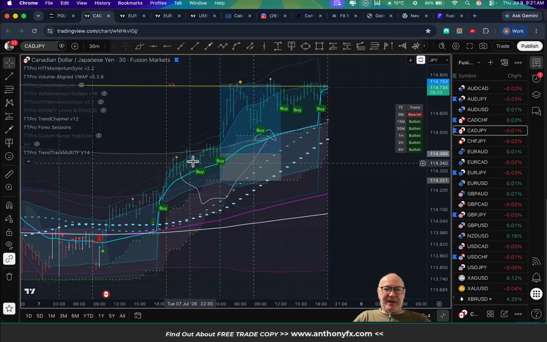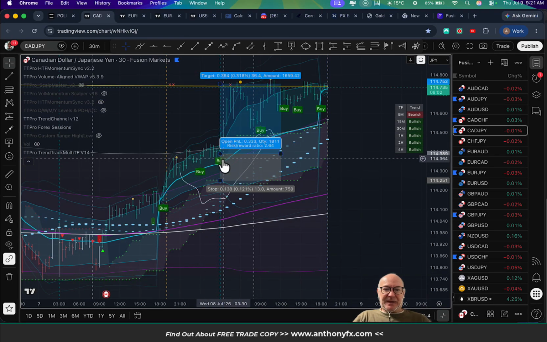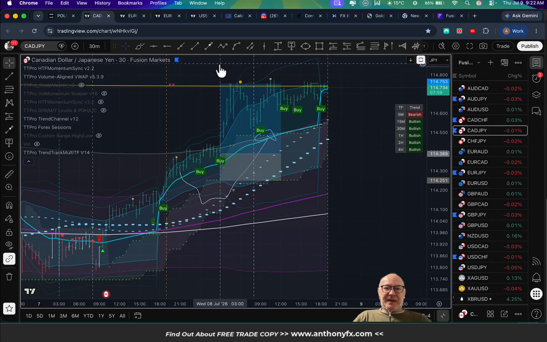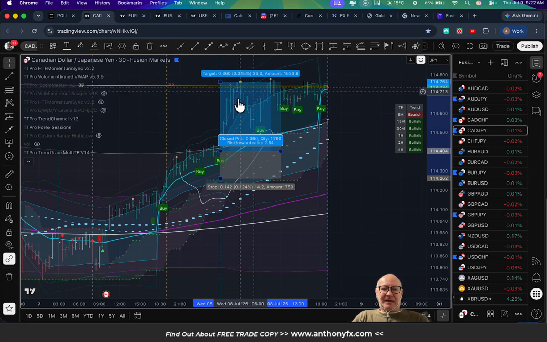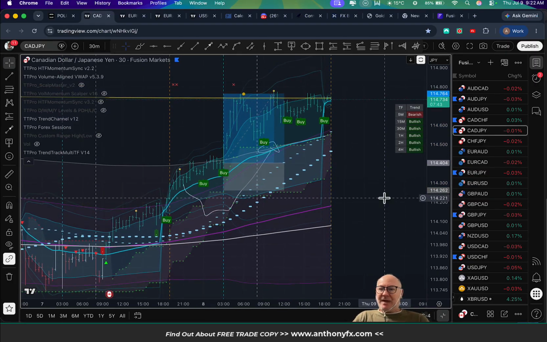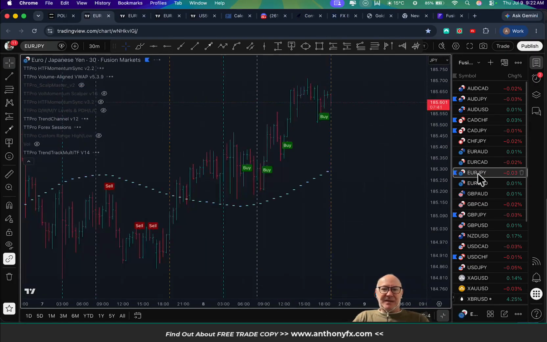The CAD yen was another one. Wait for the pullback. There's the pullback here. Take the next buy signal. This is the London Open, so as long as you're after the session open, take it. There's your green dots for the stop loss. There's the exit point up there. 60% off at 1R. It doesn't get any easier than this, guys.